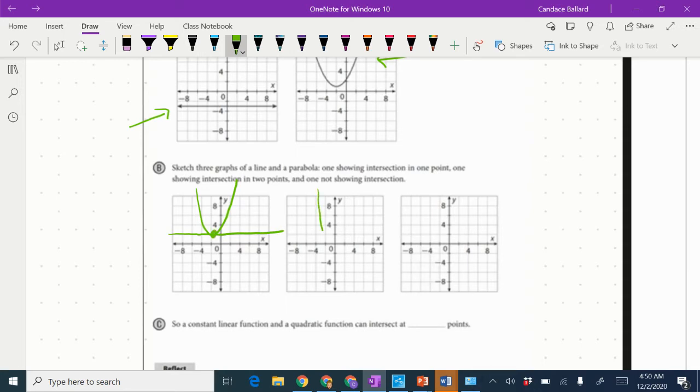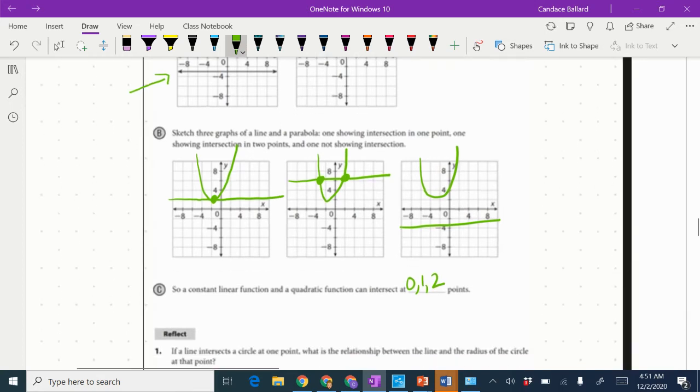If I drew another parabola and I shifted up my horizontal line, they could intersect in two places. And then the only other situation that I can think of is we draw a parabola and a horizontal line and they intersect in no places. So a constant linear function and a quadratic function can intersect at 0, 1, or 2 points.